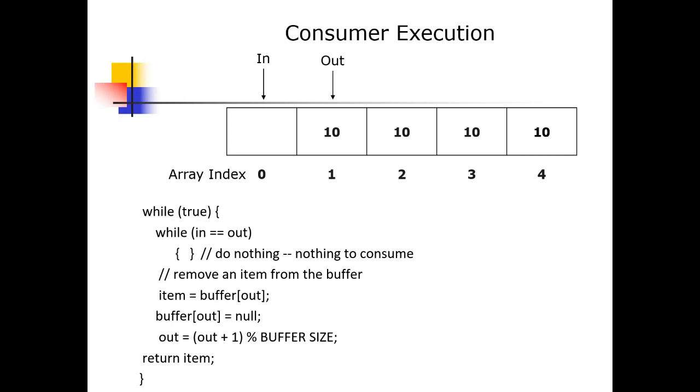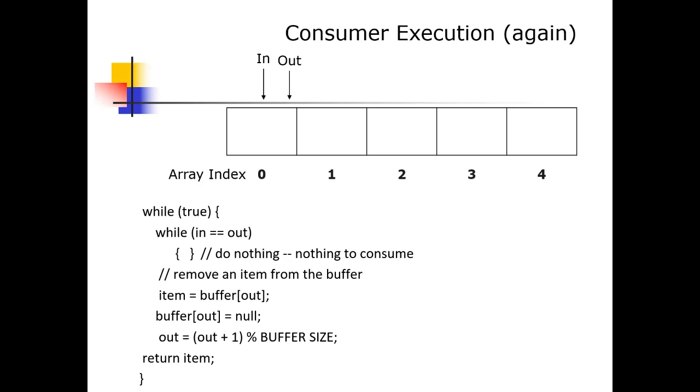So we remove buffer 1 and make buffer 1 null and we increase out by 1. Right? And so like that, we can keep on removing these values until everything is removed.